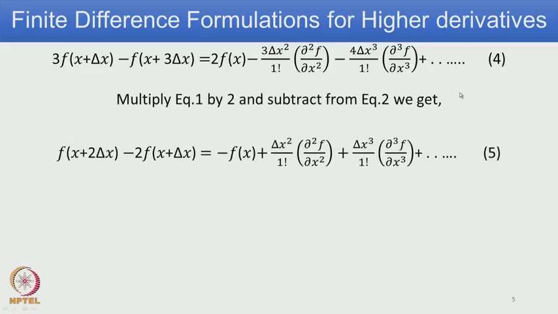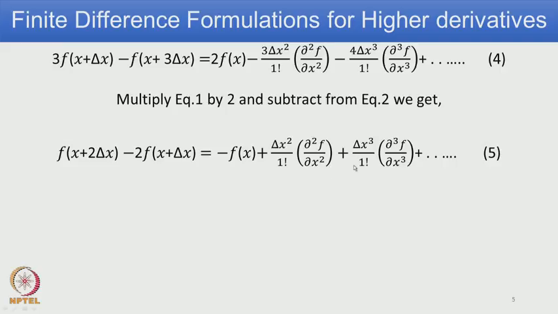We do one more operation, multiplying equation 1 by 2 and subtracting it from equation 2. So, we get f of x plus 2 delta x minus 2 times f of x plus delta x. This is coming from the first equation, that is why you have the coefficient 2 here. So, we said multiply equation 1 by 2. We have a term on the left hand side and the remaining terms on the right hand side, and we number this equation as 5.